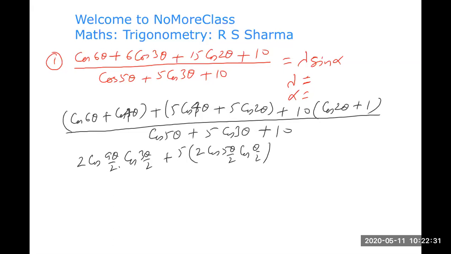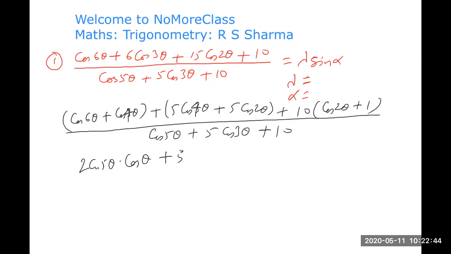Cos (c plus d) by 2, then we will get 2 cos 5 theta cos theta plus 5 cos 4 theta, 2 cos 3 theta cos theta plus 10, 2 cos square theta. So 2 cos theta, yes.